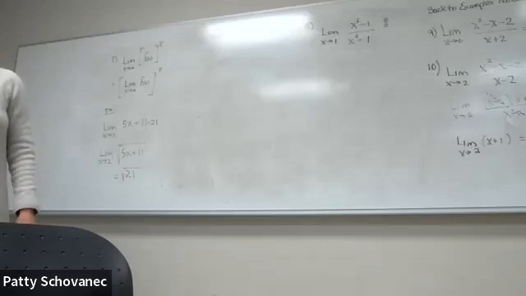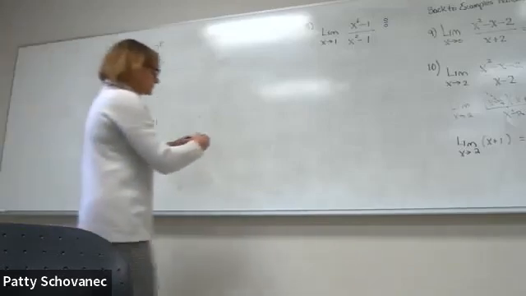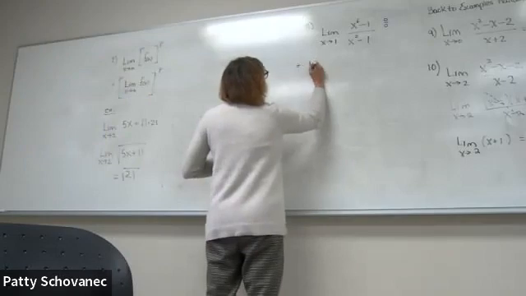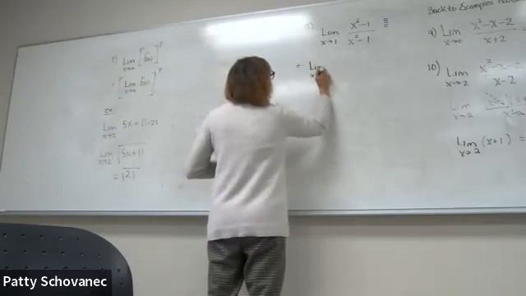I know how to factor x squared minus 1. That's the difference of squares: x minus 1, x plus 1. Can you factor x to the 6th minus 1? Anybody?